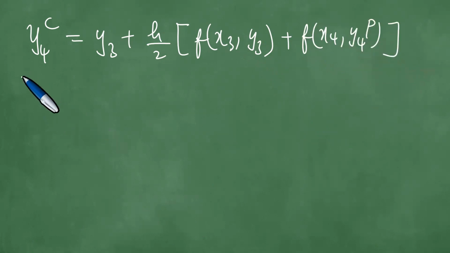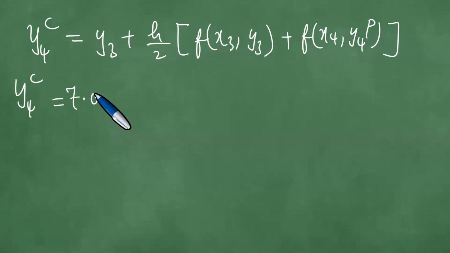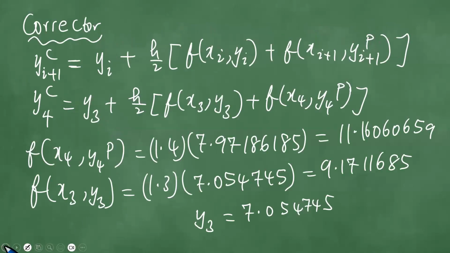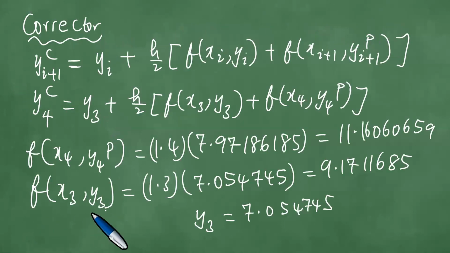C is the corrector we're doing now. Y3 is this one, which is 7.054745, plus 0.1 over 2 into Fx3y3, which is 9.17.